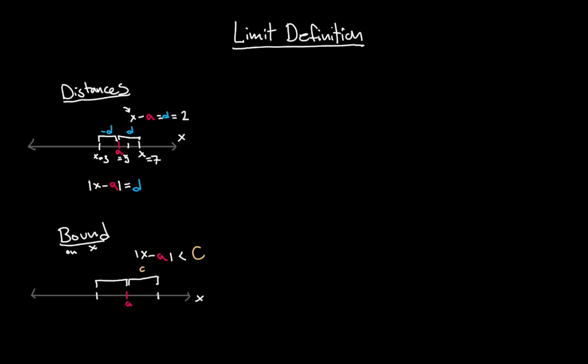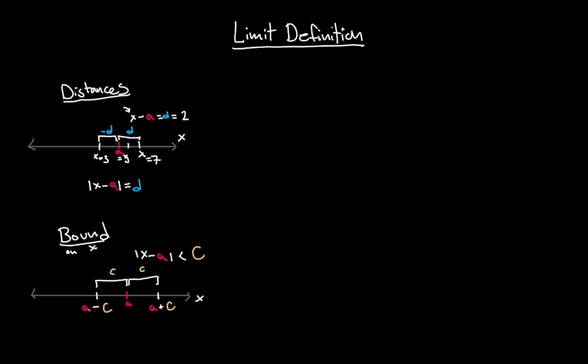So a distance from a forward by c, and a distance from a backward by c. So we can write that as a plus c here, and a minus c over here.